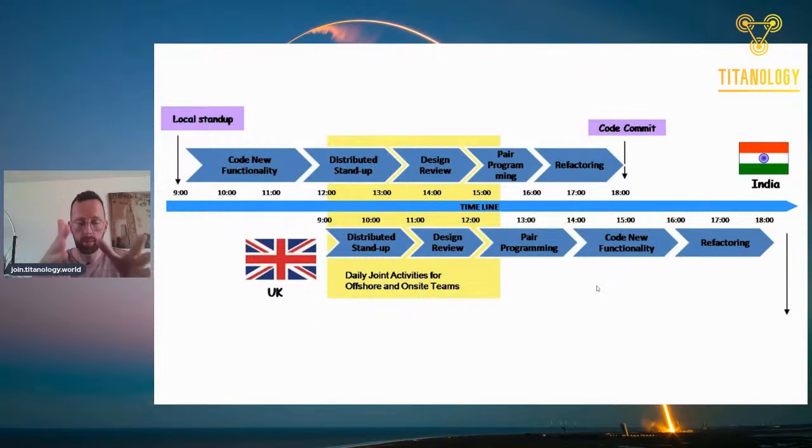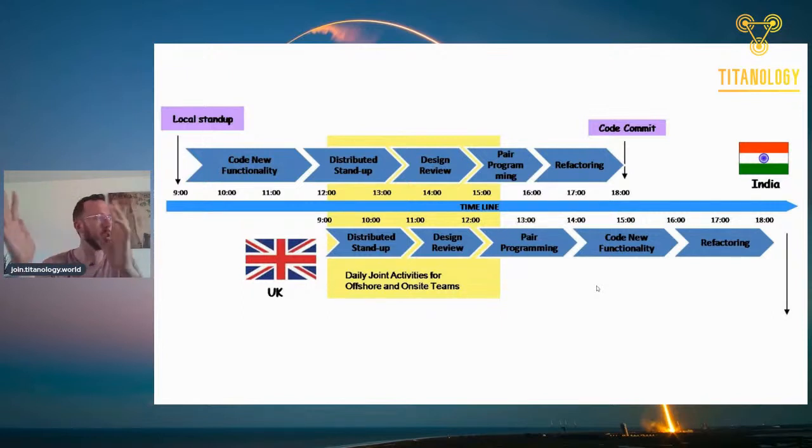Then at the same time, you have that hour of overlap where you can really join the team, and then you do your stand-up, for example, or you do your design review, or you do your pair programming, because you have those hours of overlap. And by the time the shift in India is done, you can actually have something working. And then the guys in the UK can still work on that. So they don't have to wait on each other.